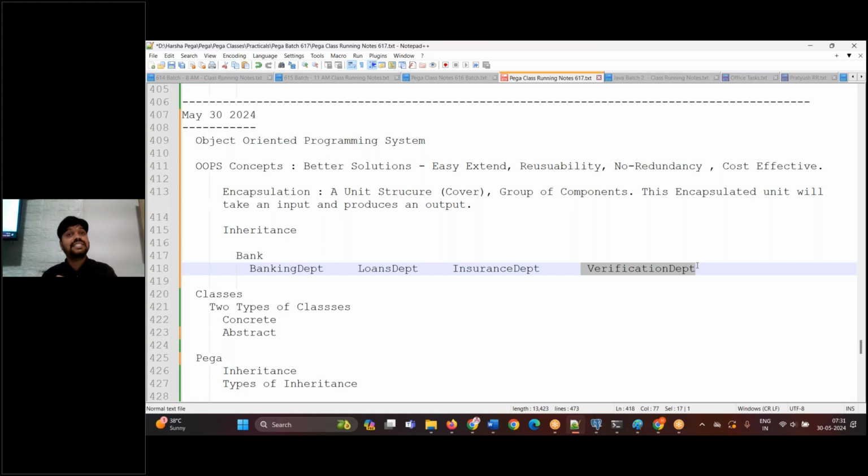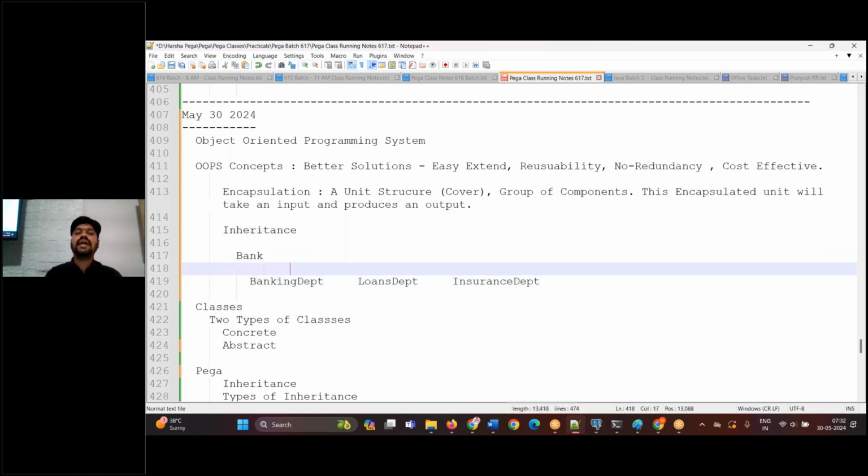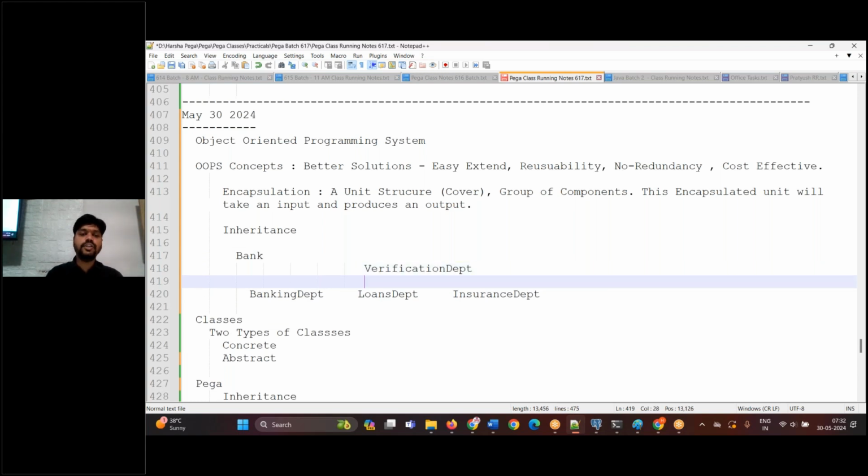I'm not saying transaction participation. Initiating, kickstart will not happen at that place. Initiating transaction cannot be done at verification department. It is not meant for that at all. But these departments can hold common components that can be utilized by many other departments.